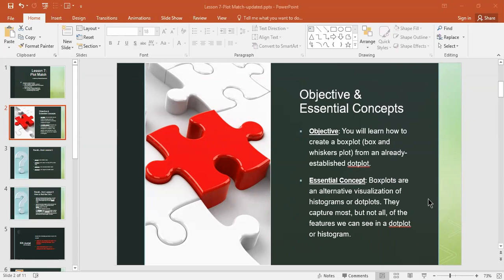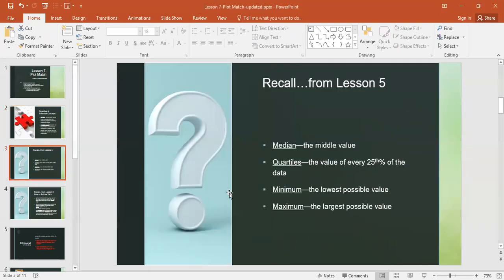So each of these plots, a dot plot, a histogram, or a box plot, they each offer some level of information that maybe the other one might not. They each represent a distribution of a variable, but they each also give maybe some information that the other does not, okay? So first things first, let's review about dot plots, because we did dot plots in lesson 5.